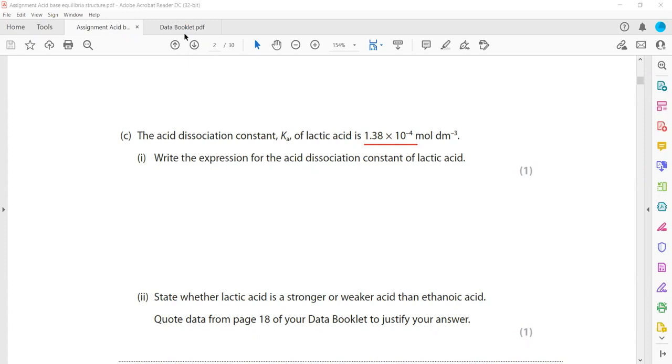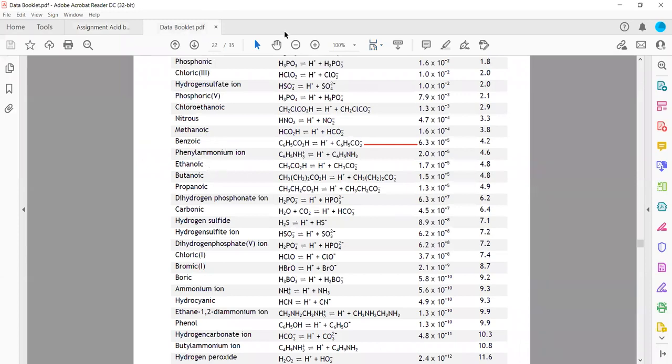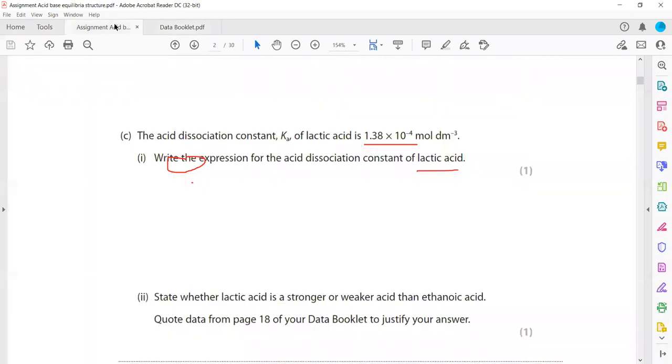For ethanoic acid, the Ka is 1.7 × 10^-5. So ethanoic acid has a smaller value of the dissociation constant. It does not dissociate too much. It means ethanoic acid is a weak acid and lactic acid is the stronger acid.